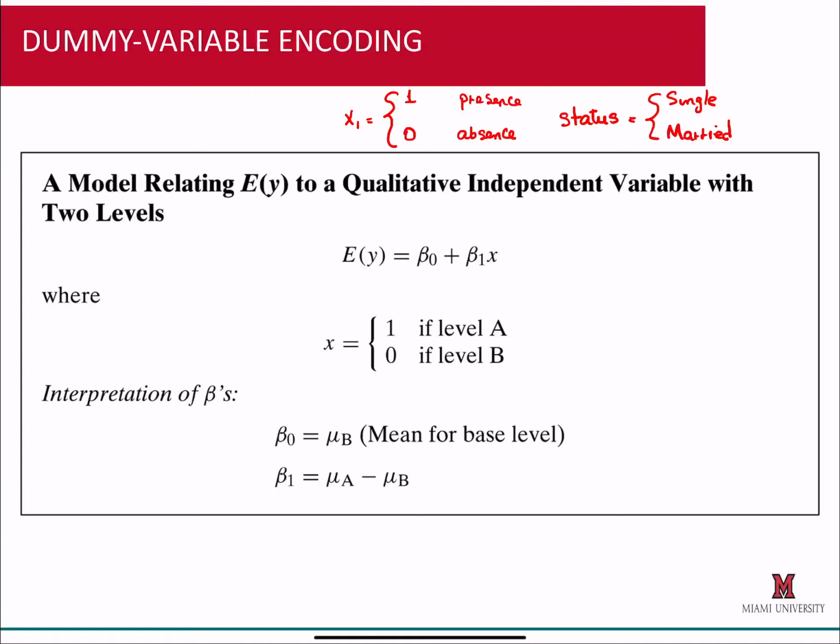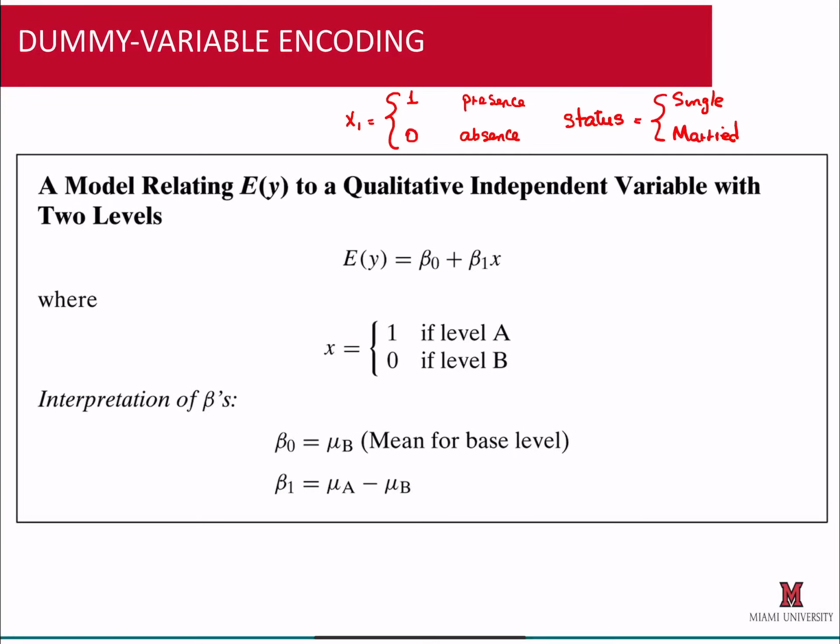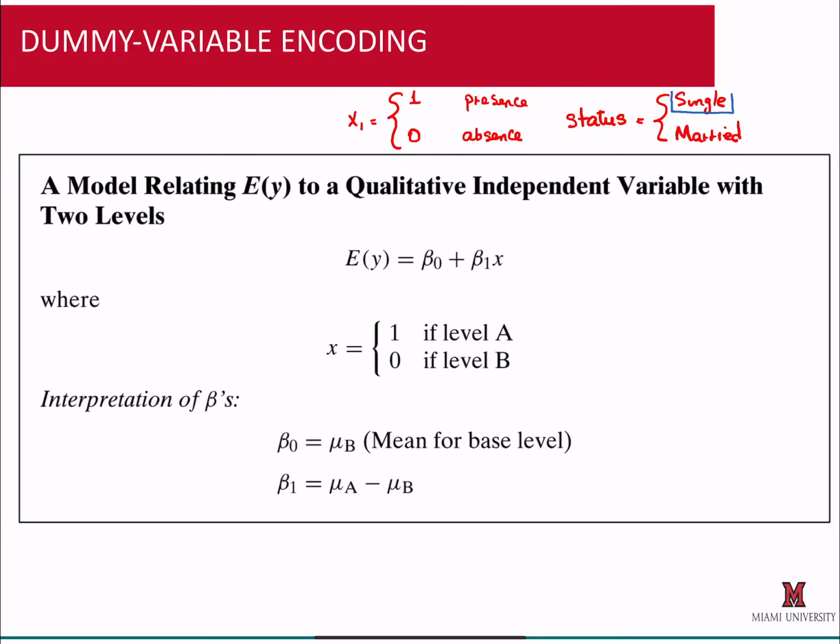But the most important thing to recognize right now is that first of all, that base level is chosen arbitrarily. So we can choose the base level to be single, or we can choose the base level to be married. For now, let's choose single. Okay, and we are going to call this the base level. And the base level is just that level that we compare against.